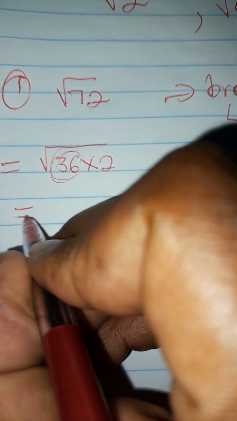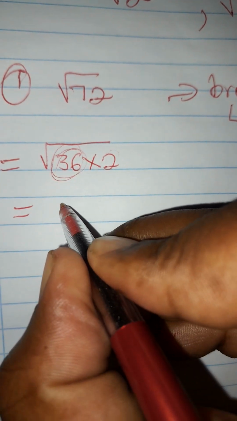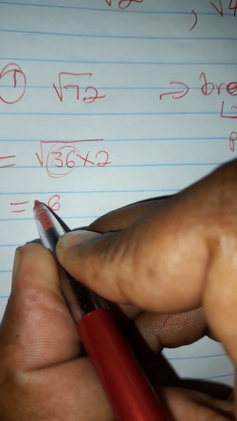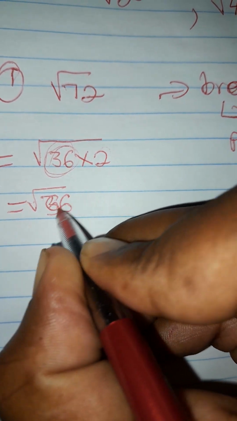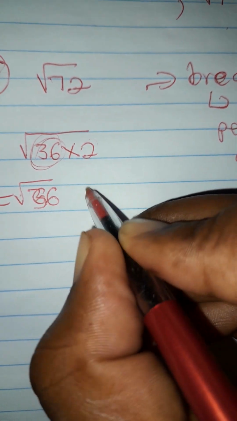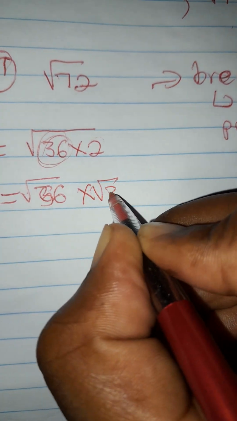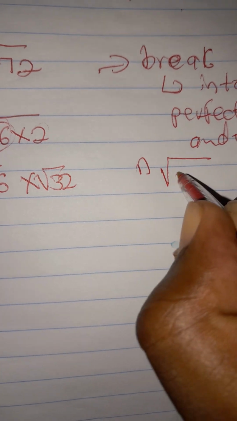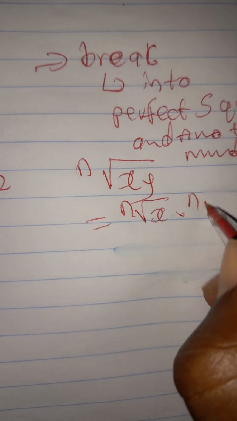So what are the factors of 36, root 36? Before that, let's build this. Let's break this apart. It's going to be root 36 multiplied by root 2. Why? It is because of the law of exponents that says the nth root of xy will be the nth root of x multiplied by the nth root of y.